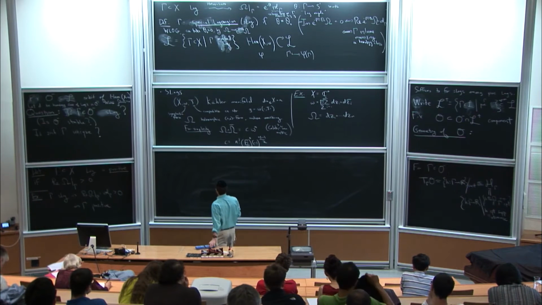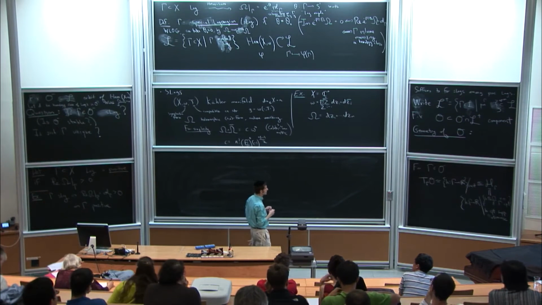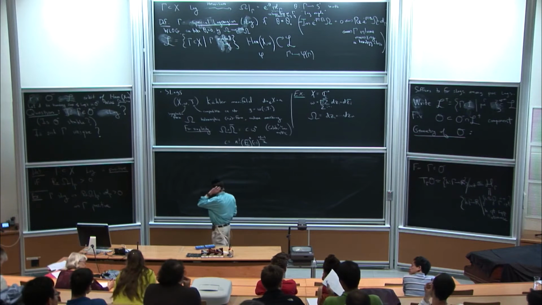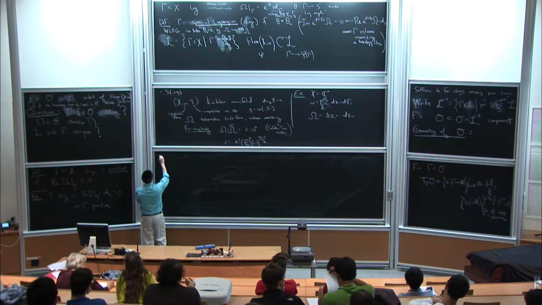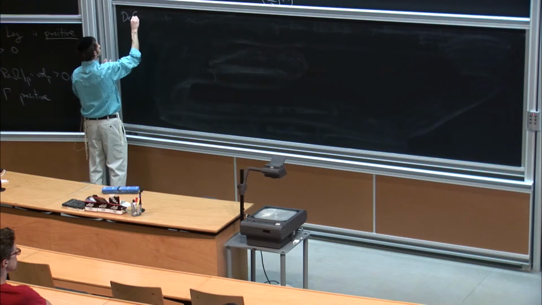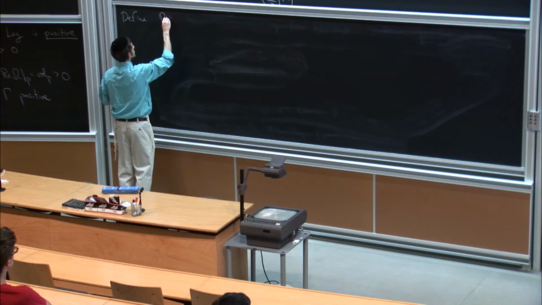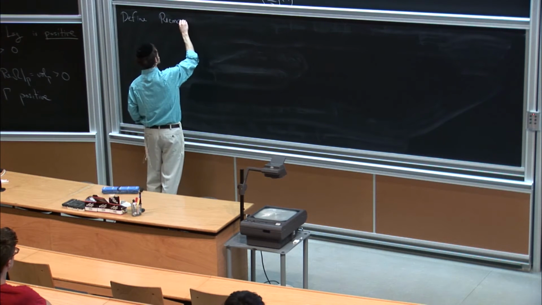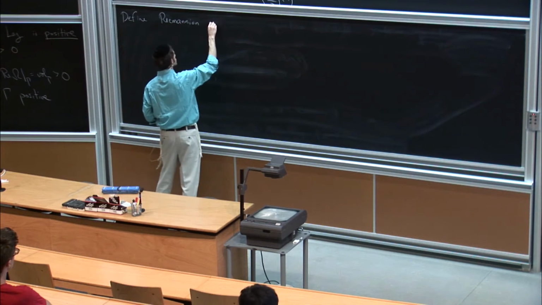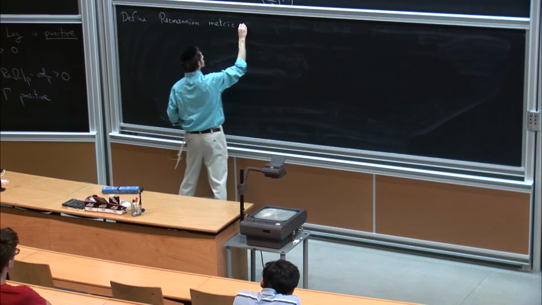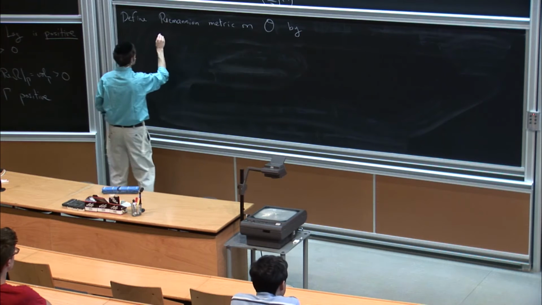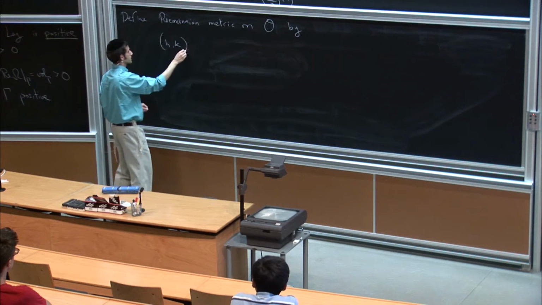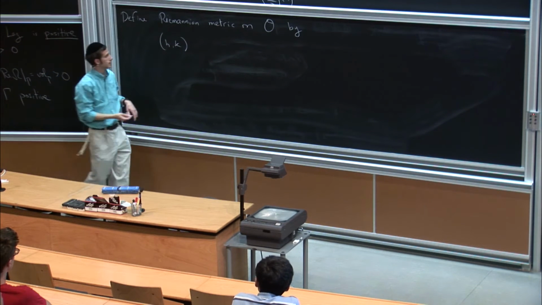Okay, so this is the tangent space, and so then we can define a Riemannian metric on O. We have to say what the inner product of two tangent vectors is.